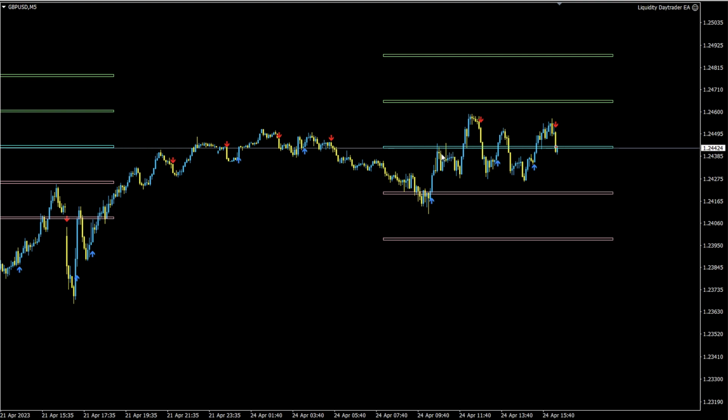Now, one of the things that I have added is that you can choose how many pips the bounce from the Camarilla level should go up, and then down.